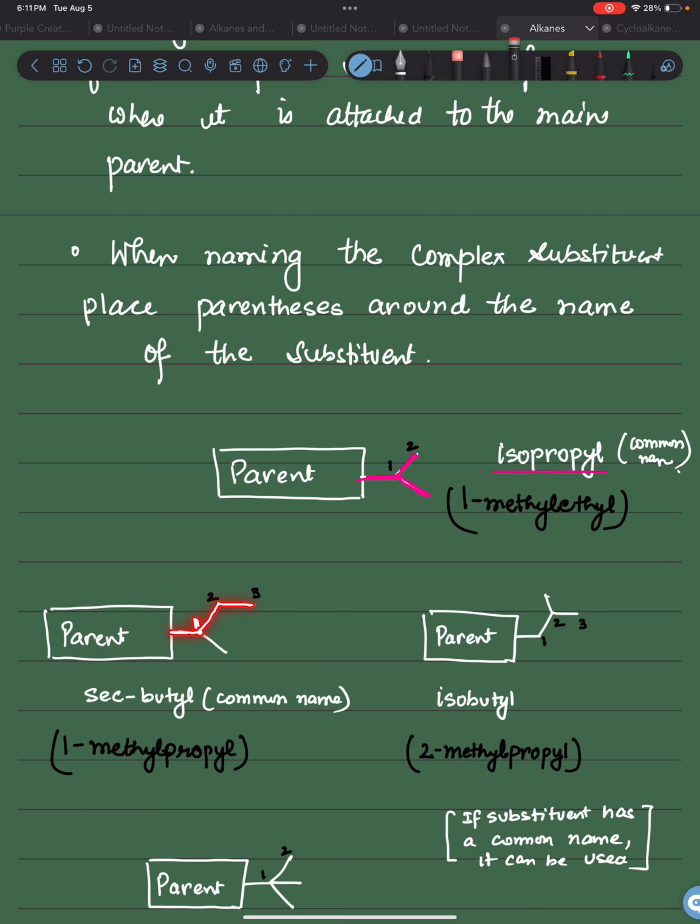At the first carbon, I have a methyl group, so 1-methyl, and the longest chain comprises 3 carbons, so propyl, and whatever the parent would be, that name would be written here. The same is the case here. This carbon would be number 1 because it is connected to the parent. Then at the second carbon you have a methyl group attached, so 2-methyl, and the longest chain is composed of 3 carbons. So 2-methylpropyl, because 3 carbons are there, right?